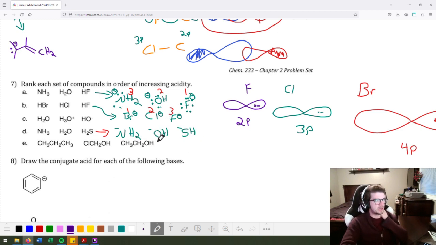So the oxygen is a 2p orbital, and the sulfur is in a 3p orbital. So the negative charge on the sulfur is going to be more spread out, so that it's more stabilized. So H2S is a stronger acid. And since it's a stronger acid than H2O, we know that it is also a stronger acid than NH3. Yeah, so I feel like that one's fairly straightforward.